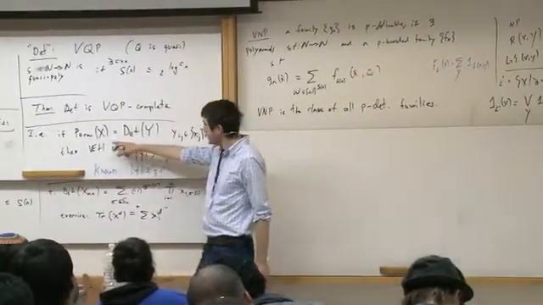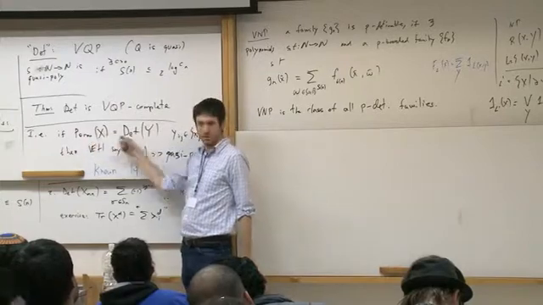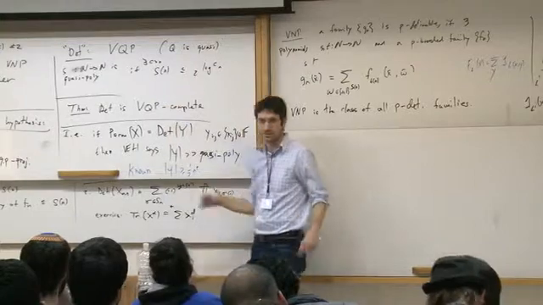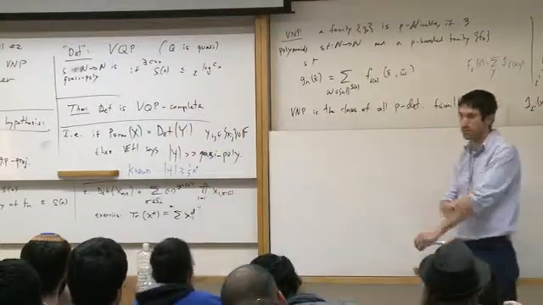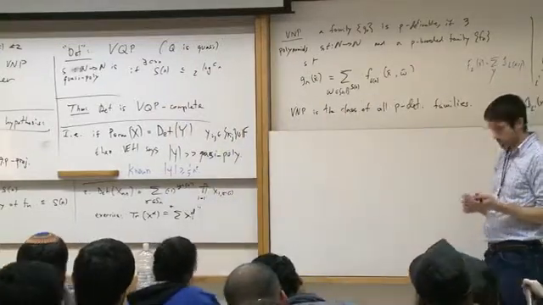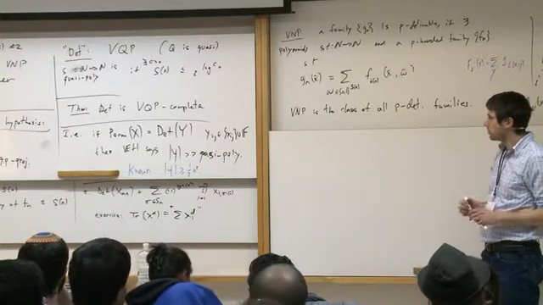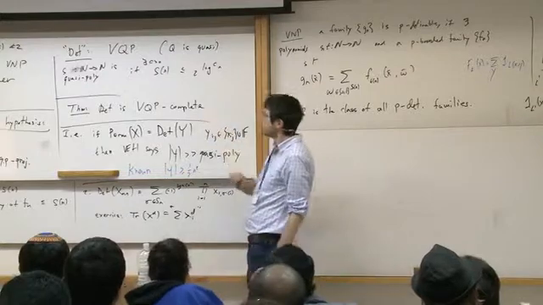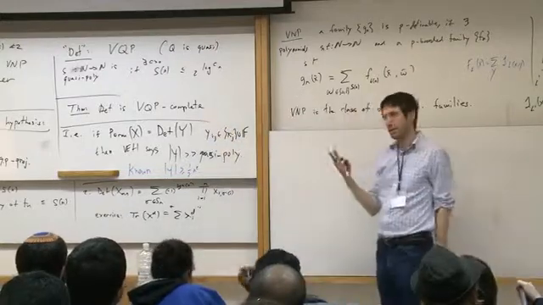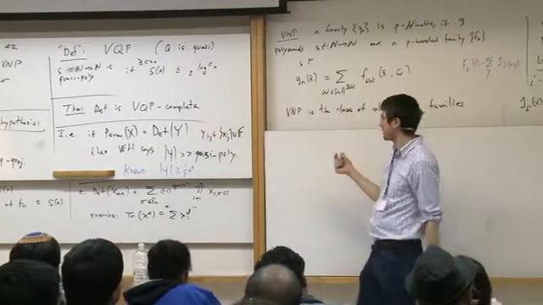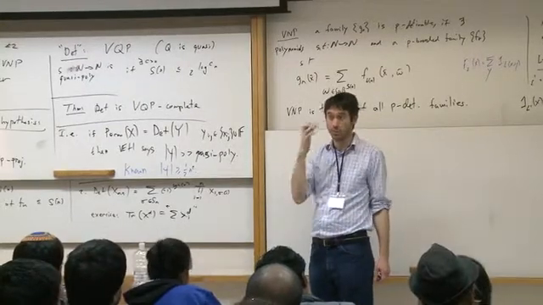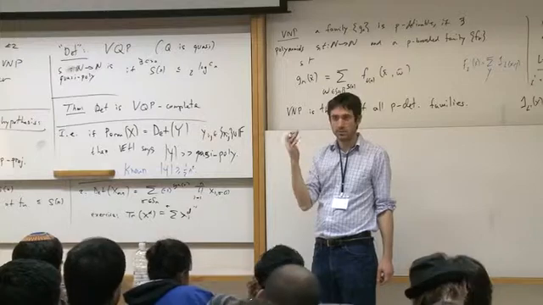So we know that if you have this equality, then the dimension of Y should be at least half n squared, I mean, the size of the matrix. But we believe it should be much larger. Right. So the way that you prove that the determinant is VQP complete, there are several ways of showing it, but what we're going to do is introduce a new computational model that will also play an important role later.